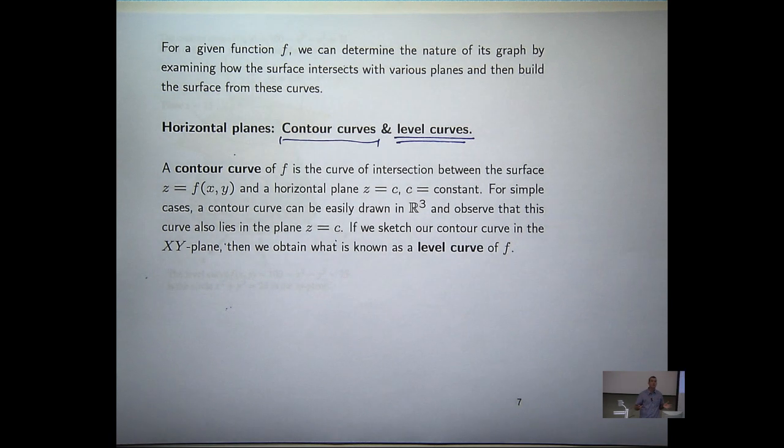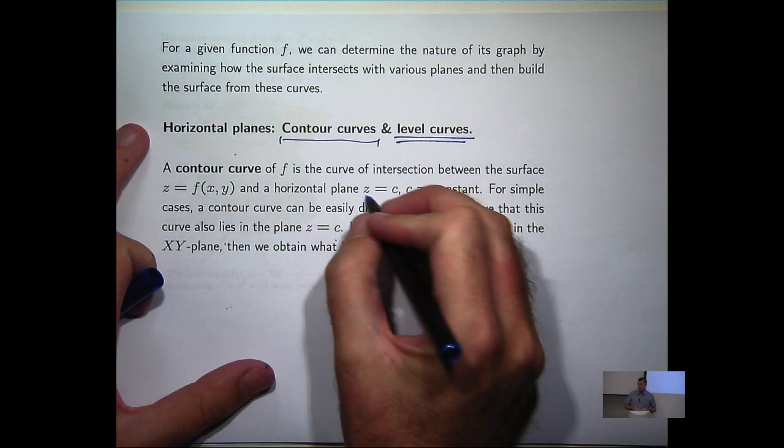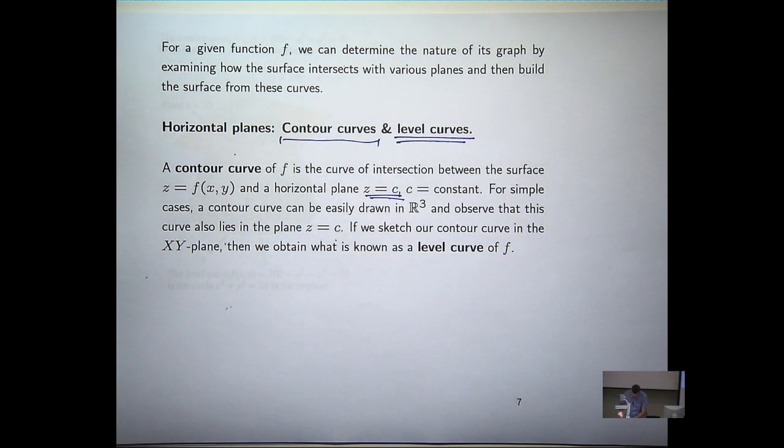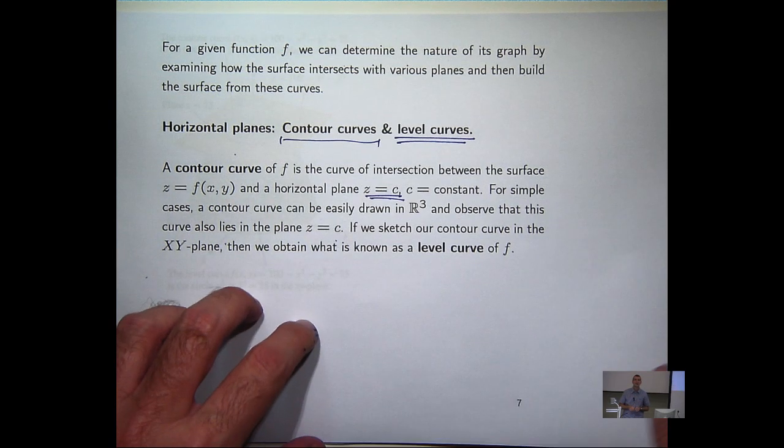And that curve is drawn in the plane, in this case, z equals a constant. If we sketch all of those contour curves down in the xy plane, and again, I'll give you a good visualization of this in a minute, then we call those special curves level curves. So let me show you what I mean. It's best if it's just illustrated with a picture.